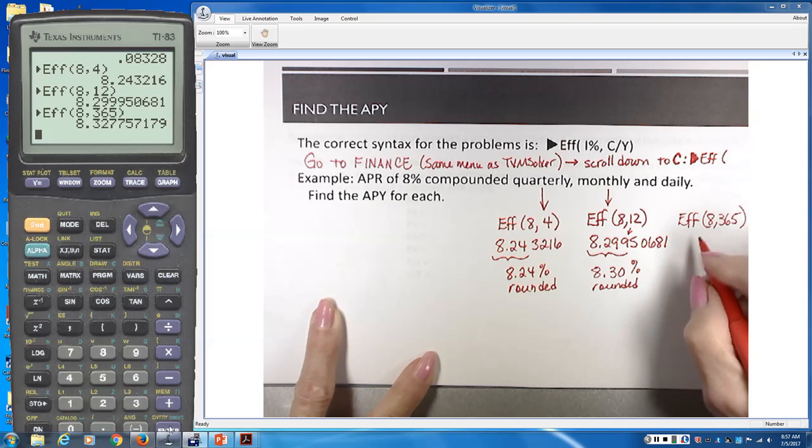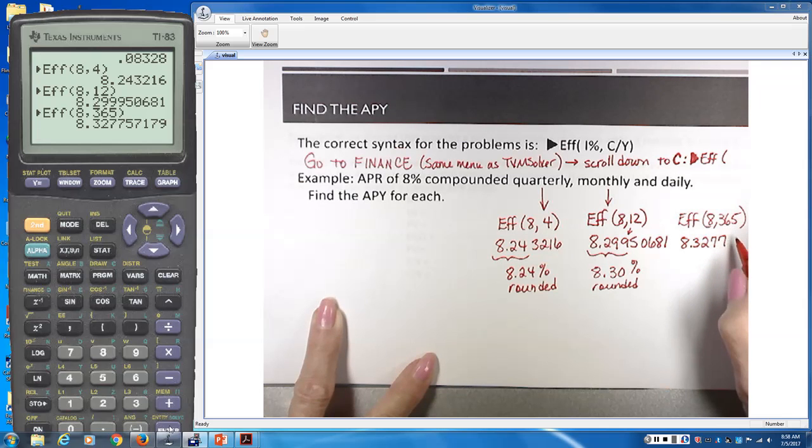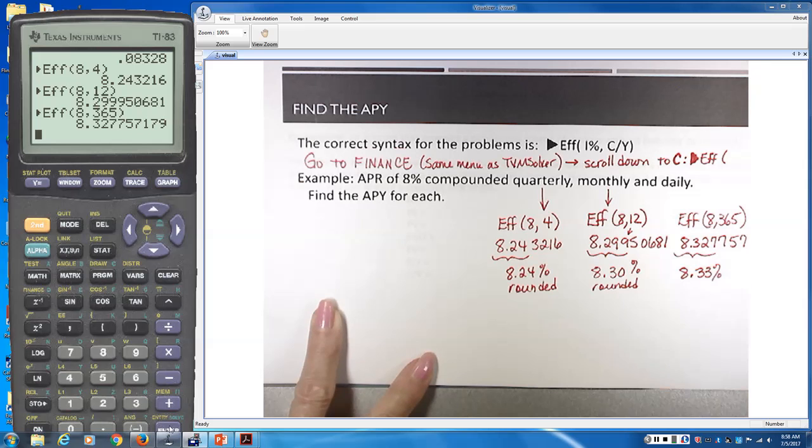And that will be 8.3277, $57179, which we would again round off to 8.33. Okay?